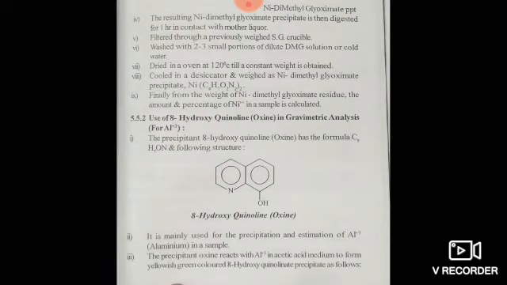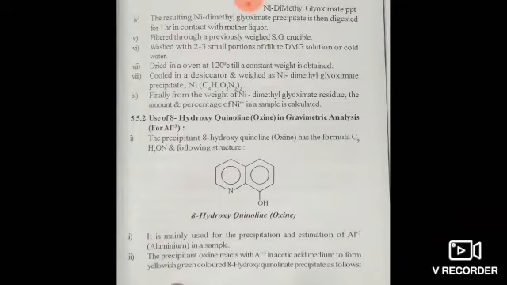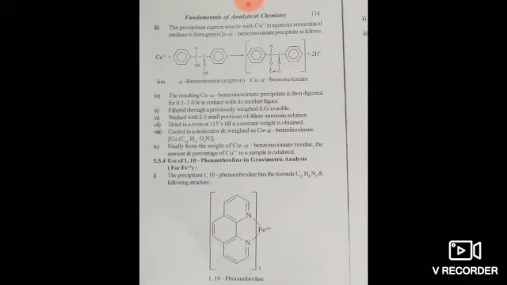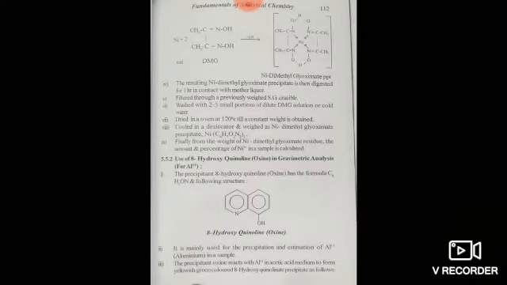The precipitant reacts with aluminum in acidic medium to form the yellowish green colored aluminum 8-hydroxyquinolinate, precipitated as the compound.